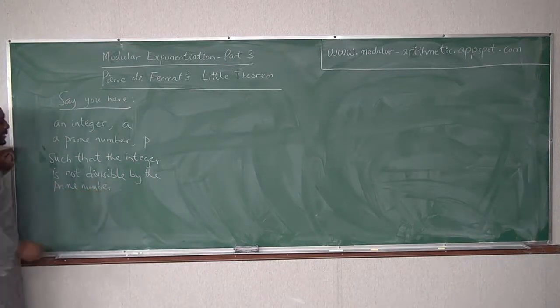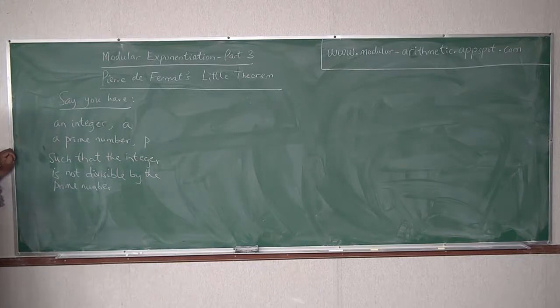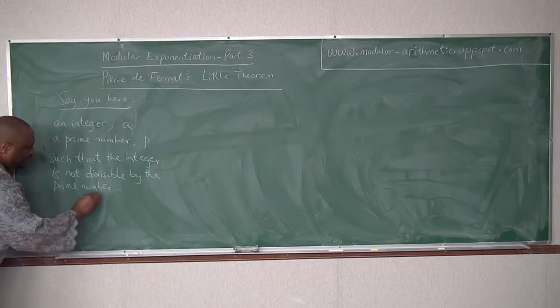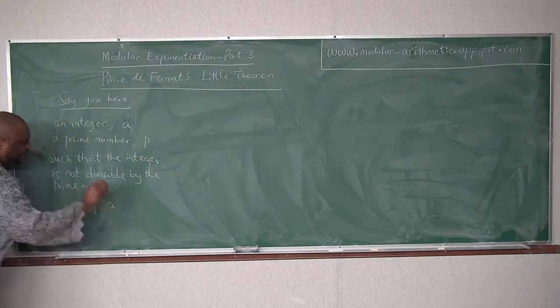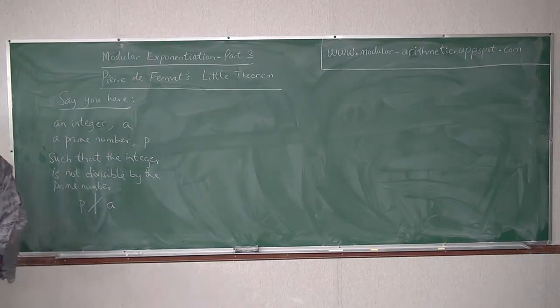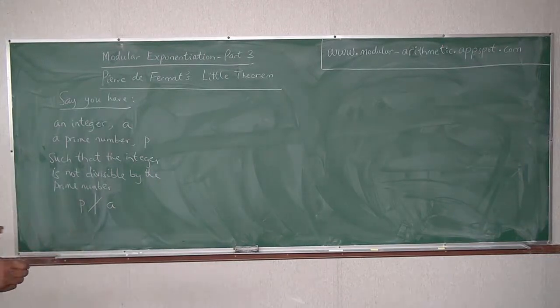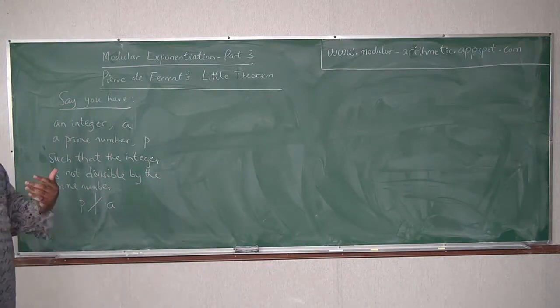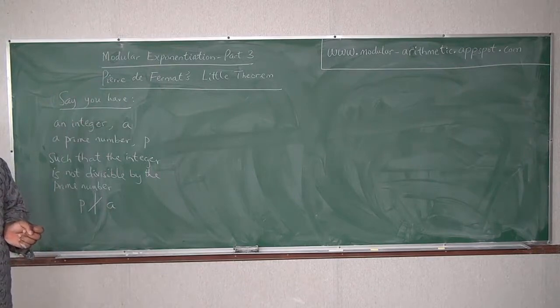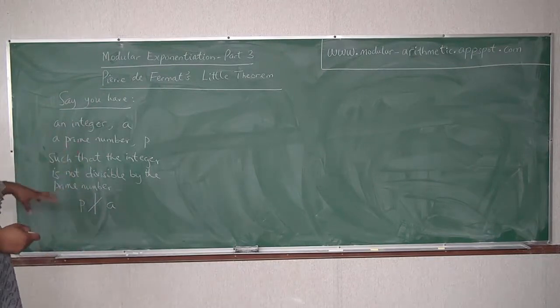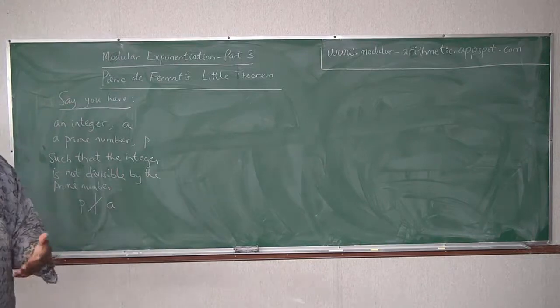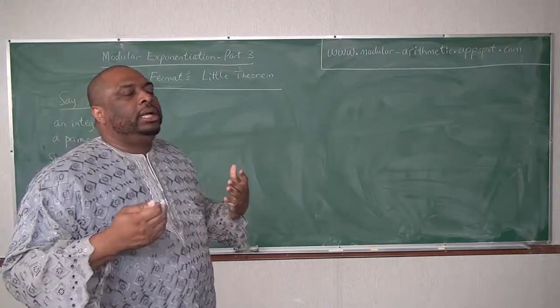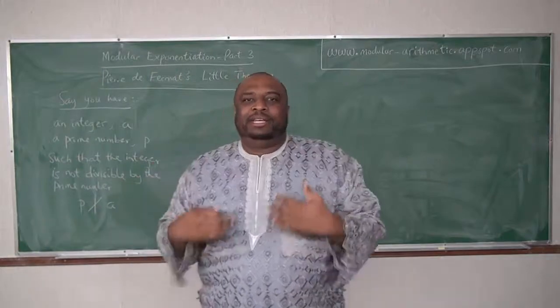What do I mean by this? Such that p cannot divide a. P does not divide a. Remember, it's not that p divides a; here, p does not divide a. So a is not divisible by p. You have an integer a and a prime number p such that a is not divisible by p.